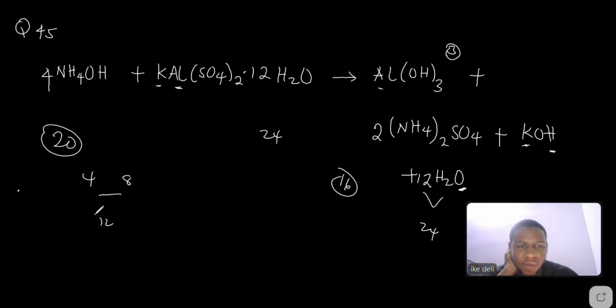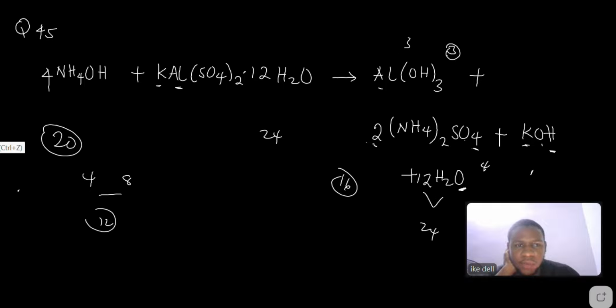So it means I have 12, right? 12 oxygen atoms in total. That's apart from this one here. So let's check the other side. 3, 4, and 1. I'm looking for 12. Oh, sorry, this is 2 times 4, so that's 8. 2 times 4 is 8. 8 plus 1, that's 9. And then plus this 3 here makes 12. Okay, so oxygen is also balanced.